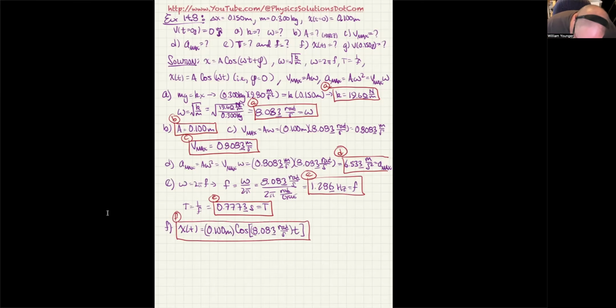And now we're going to figure out what G is, and G is the velocity at 0.150 seconds.